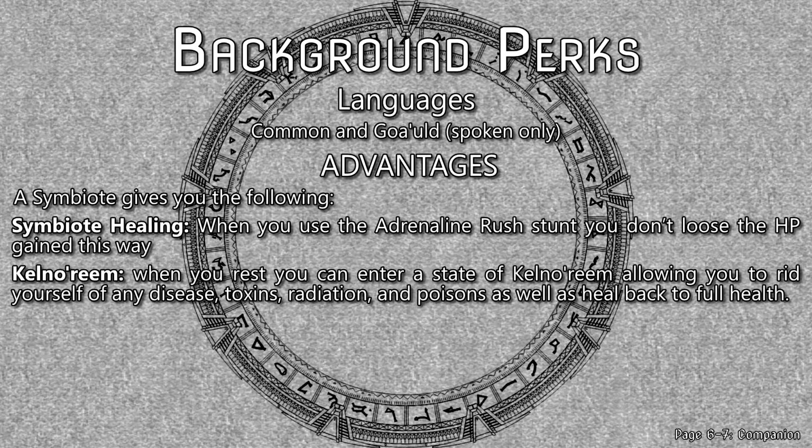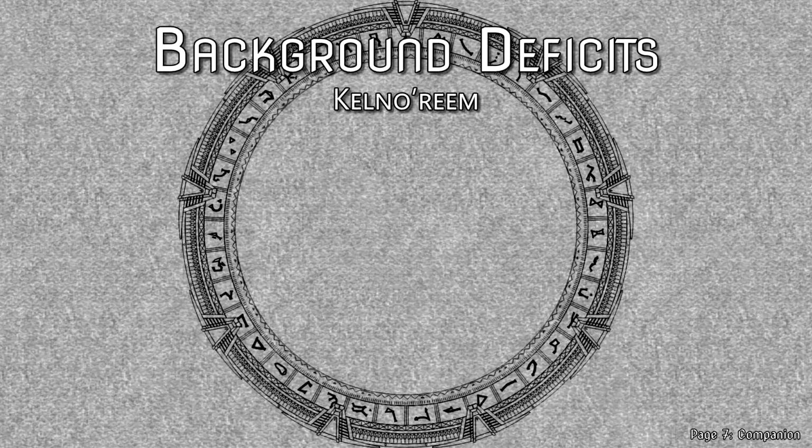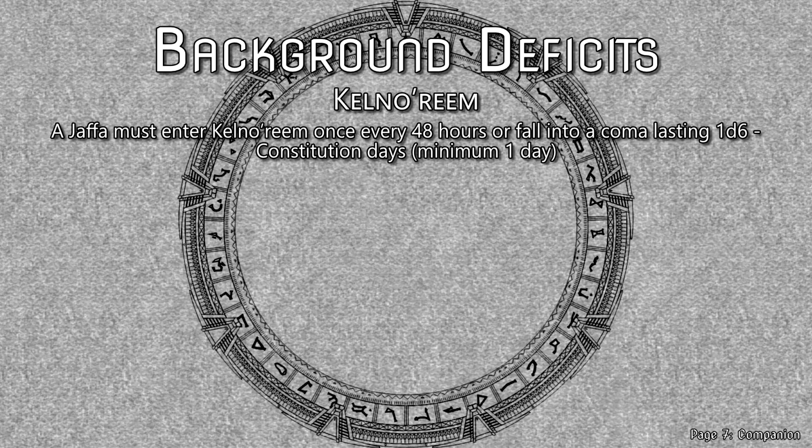Now, to offset the whole Kalnarim and that sort of stuff, it does sound pretty powerful, but what we are actually going to do is add some background deficits. With that, Kalnarim is going to have this added on to the end of it. The Jaffa must enter Kalnarim once every 48 hours or fall into a coma lasting 1d6 minus their constitution days. This will be a minimum of 1 day.